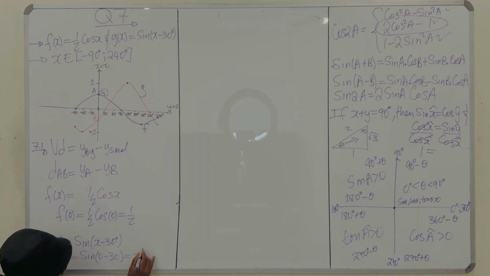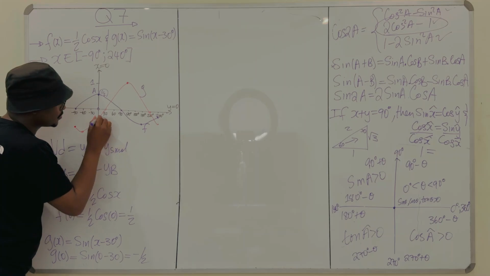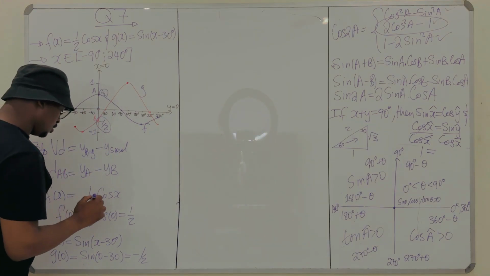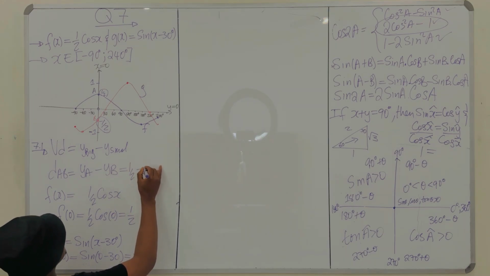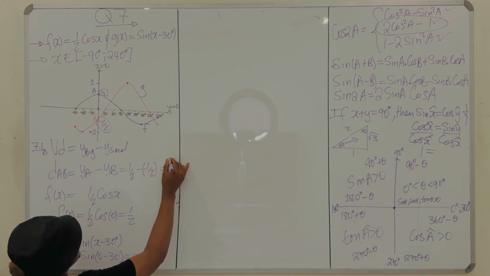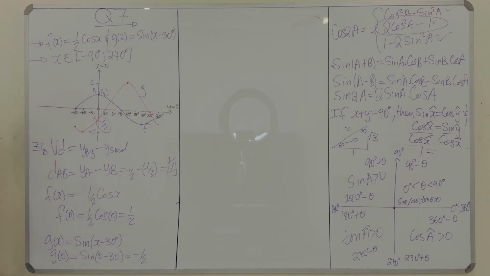If you punch that in, you get minus half, so the y value here is minus half. From this to that, it's 1 unit apart. So your vertical distance will be the big y value, which is half, minus the small y value, which is negative half. If you punch that in, you find that the distance AB is equal to 1. We're done with 7.1.